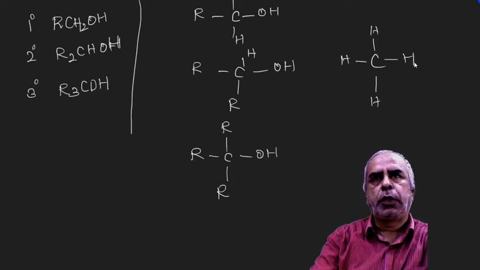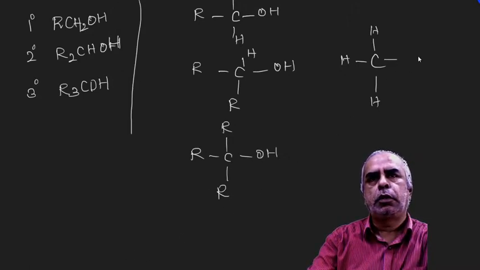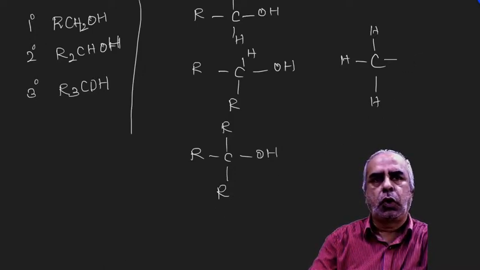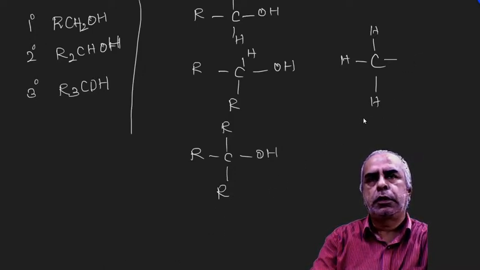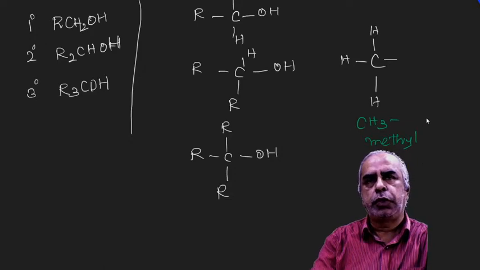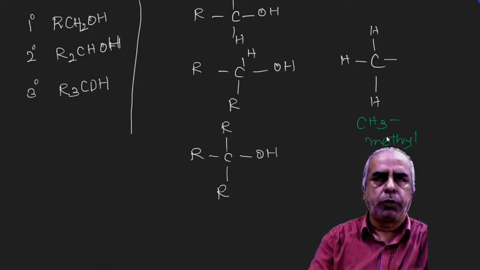Methyl means you have to remove 1 hydrogen, and that is a functional group, the CH3 group. It's known as methyl group. It's not stable, it's only a group, not a stable compound. It is going to join with some other functional group.